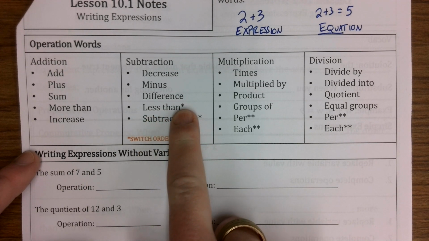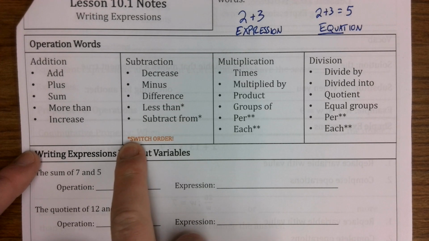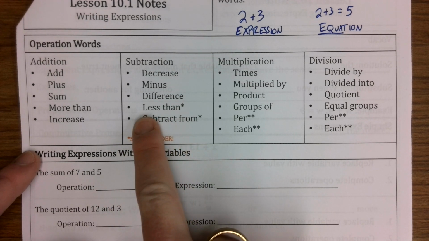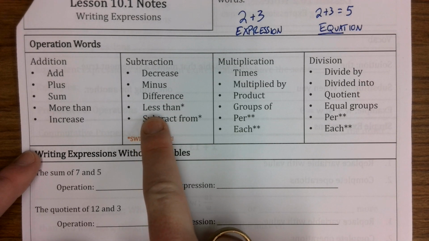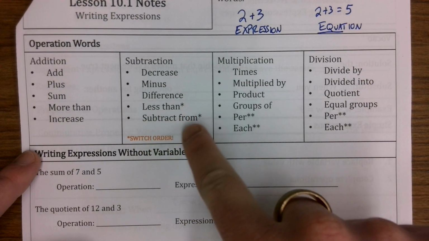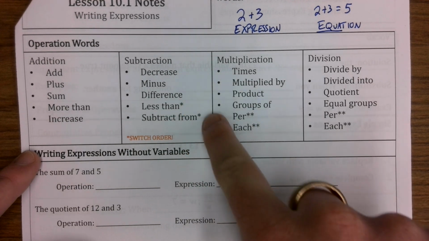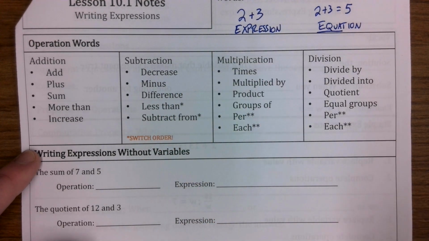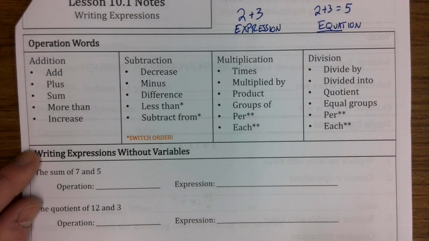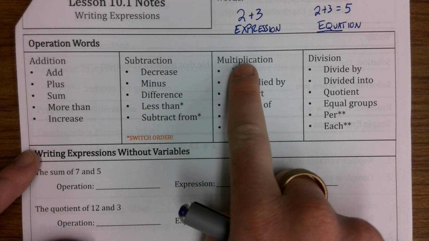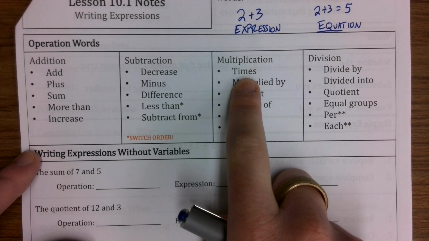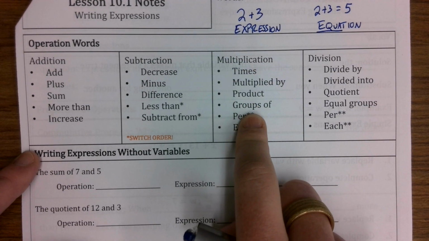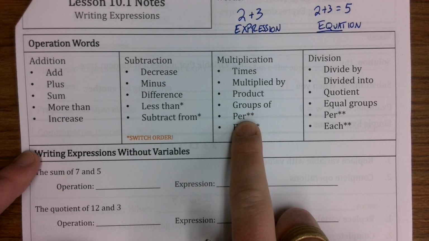I want you to notice that there's some stars here and it says switch order. Normally, when we write an expression, we write it in the order they give us. But if you see these phrases, less than or subtract from, we're going to flip our order around. And I'll show you an example of that in a little bit. For multiplication, you might see times, multiplied by, product, groups of, per, or each.